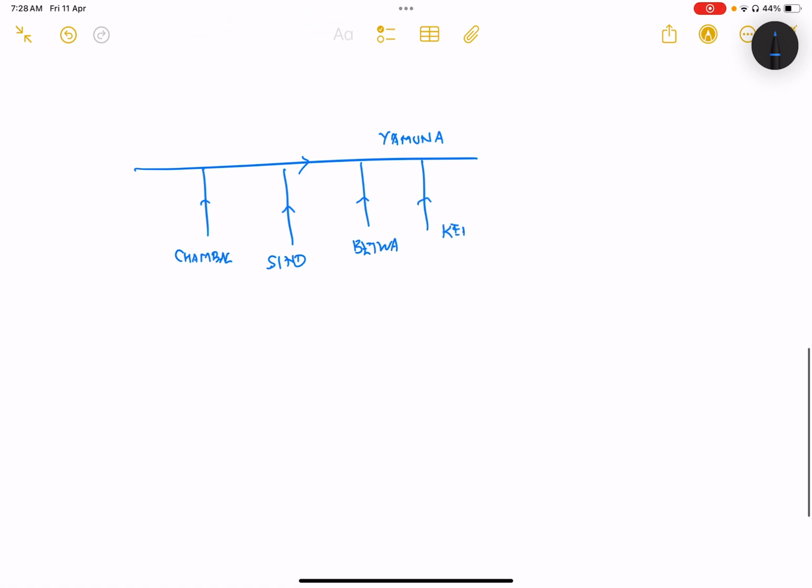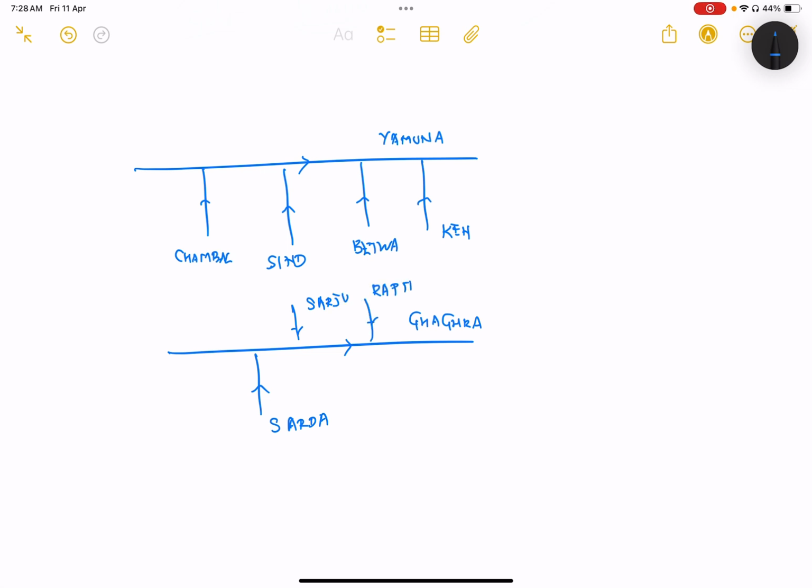Done. Then we had river Gagra. For Gagra, we thought about eating kakra, right? So we have SSR. I think it was easy for you to remember rather than a web series, SRS. The first river was Sharda, SSR. The second was Sarju. And after Sarju, we have Rapti. There you go. Simple. So two rivers are done.